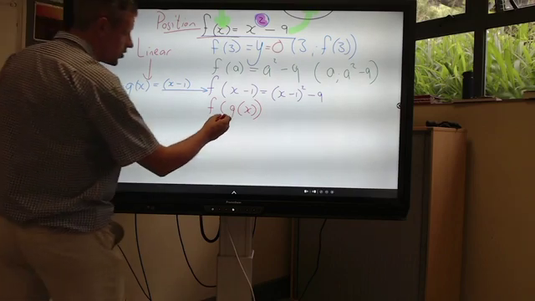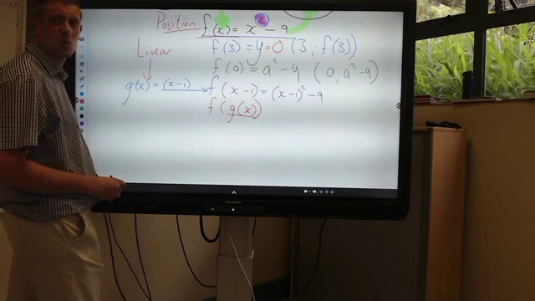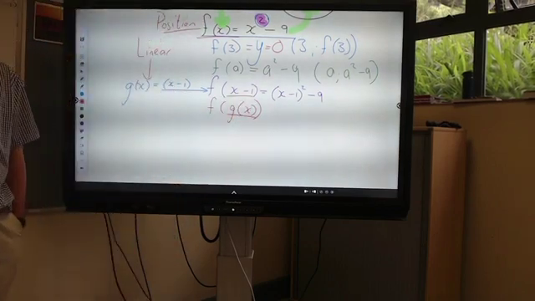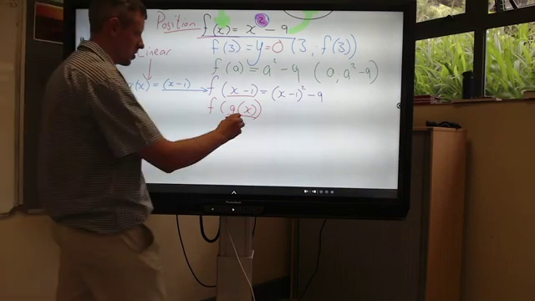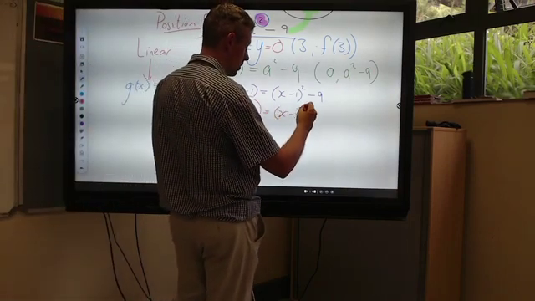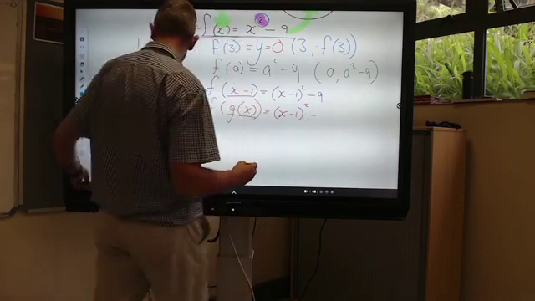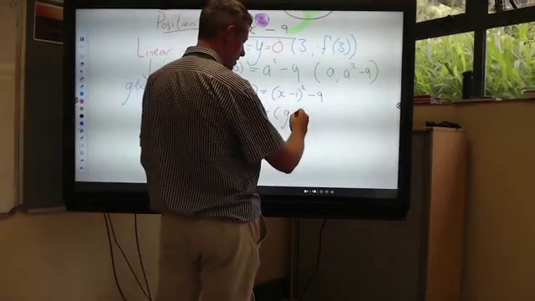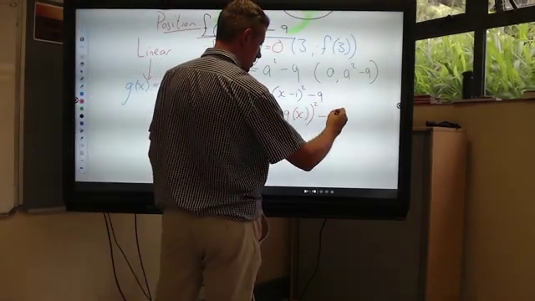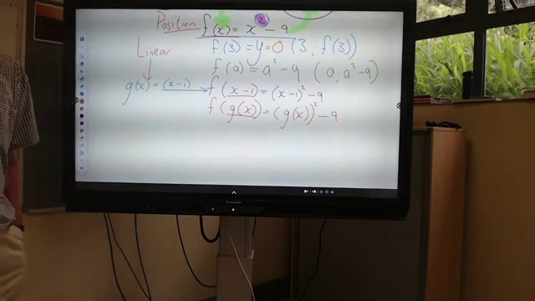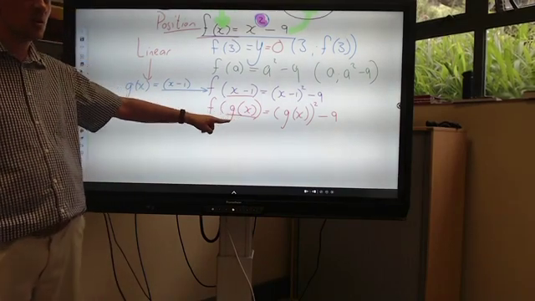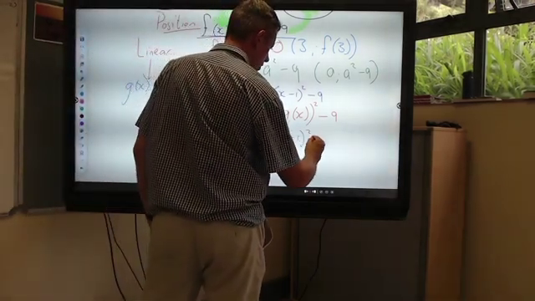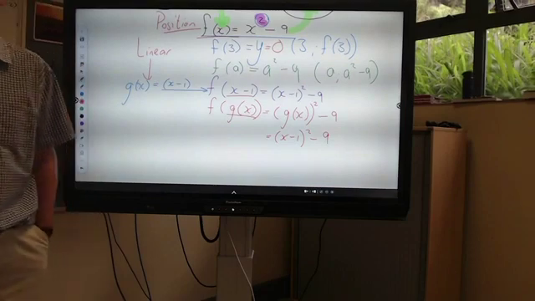Because wherever there's a g of x, it means the same as placing x minus 1. Let me first write it this way so you guys get the clear message. Wherever there's an x, I replace it with g of x. So that's what this means. But what does g of x represent? x minus 1 squared minus 9.